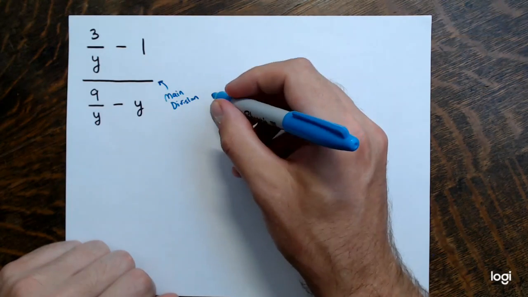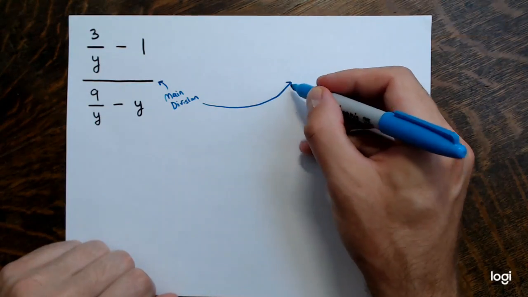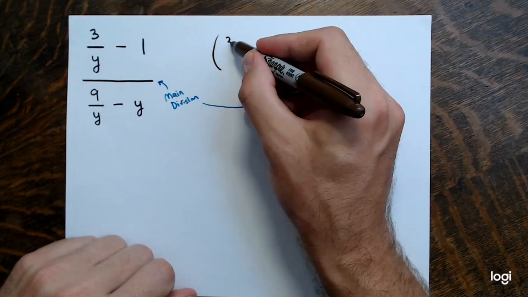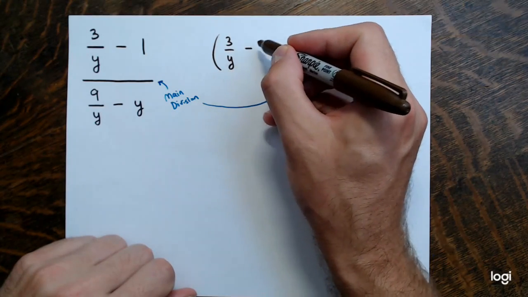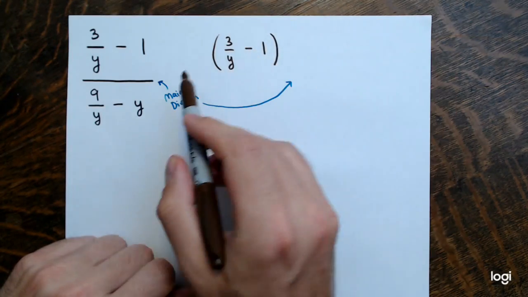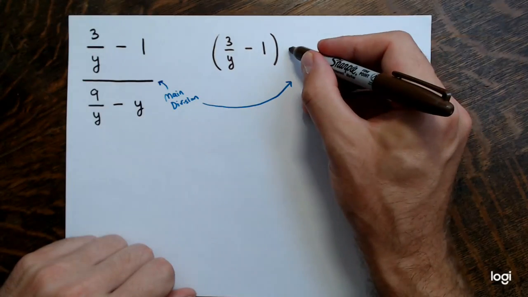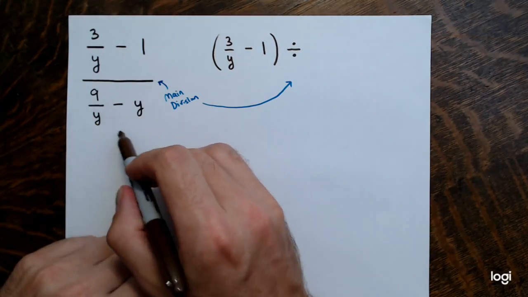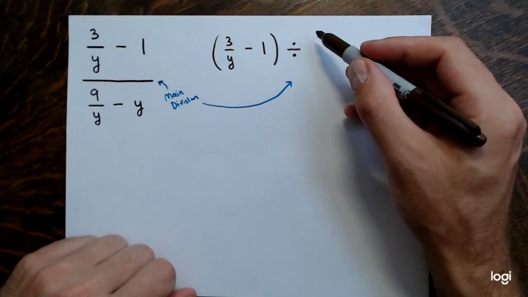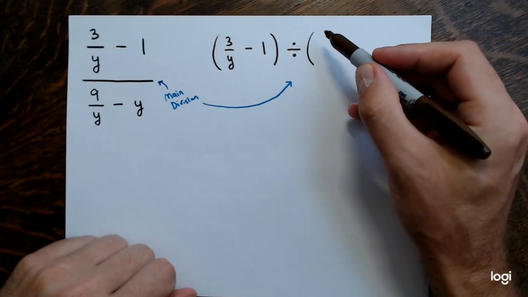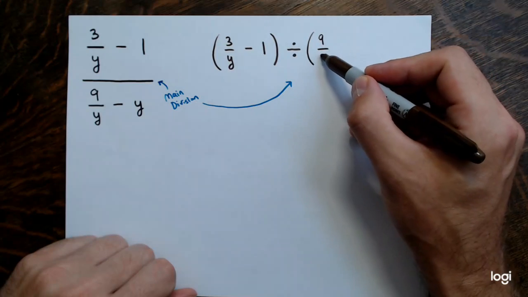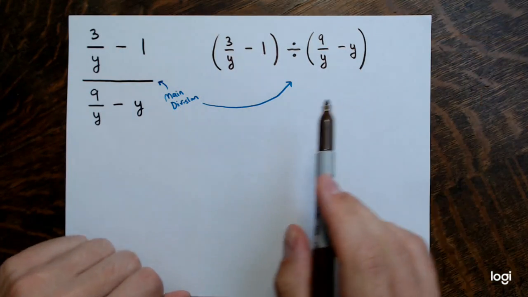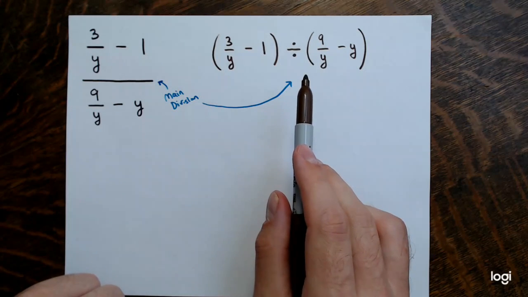Like I said, I could also rewrite this as the quantity 3/y minus 1, then replace the main division bar with a division symbol, divided by the main denominator, all of it, the quantity 9/y minus y. So you could write it like this if you wished.